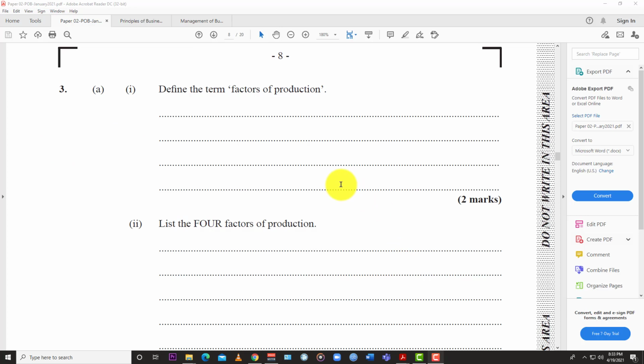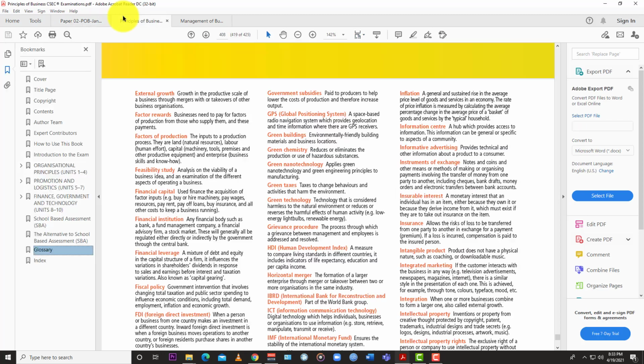So the factors of production are the resources used to create goods and services, or the inputs used in the production process, if you want to put it as simple as that. I think the textbook has it as the inputs to a production process.